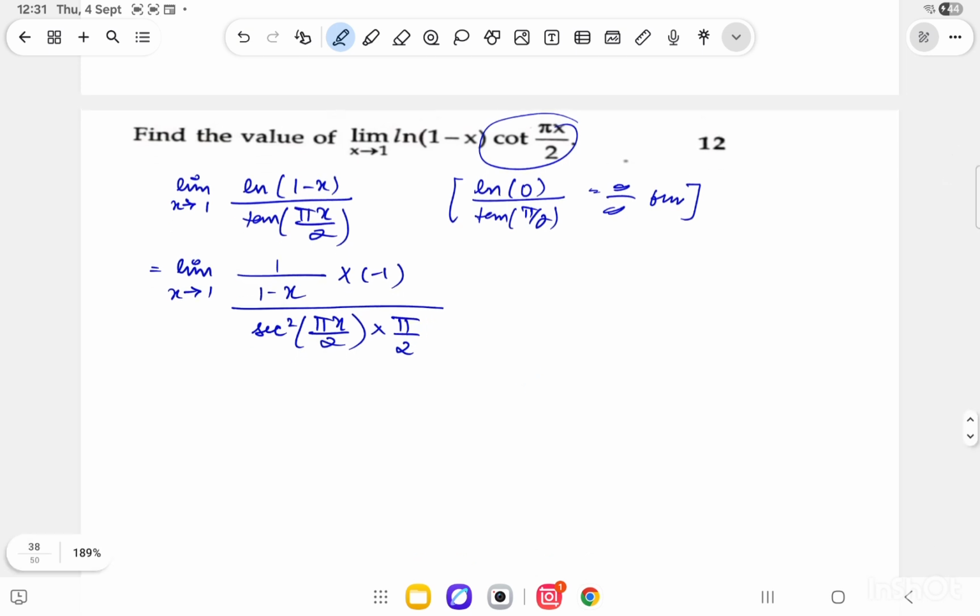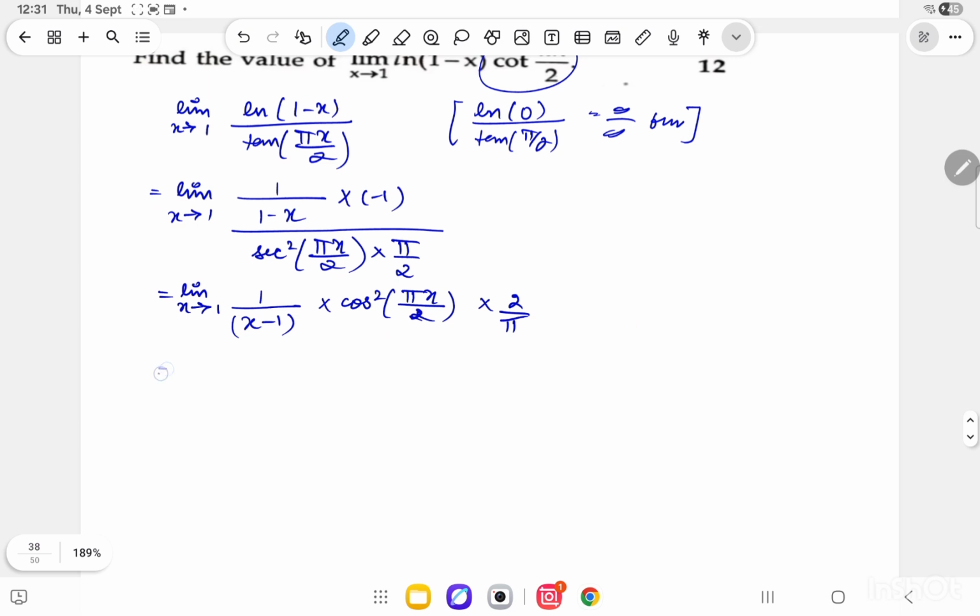So if I simplify it, I'll be getting limit x approaches 1 of 1 upon (x minus 1) into cos squared(pi x by 2) into 2 by pi.